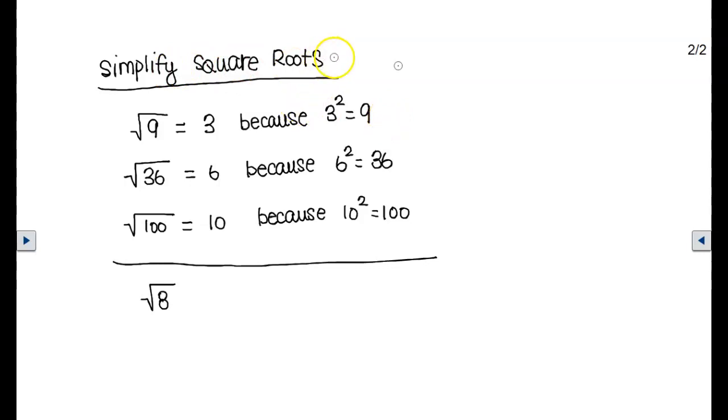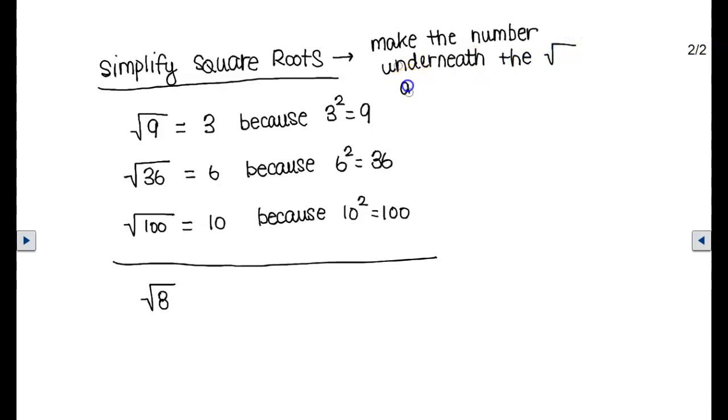When you are asked to simplify a square root, what they want you to do is make the number underneath the square root as small as possible.